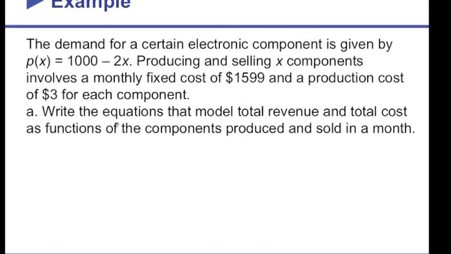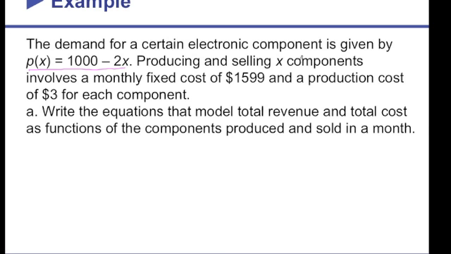Now let's actually use those operations: sum, difference, and so on. The demand for a certain electronics component is given by P of x equals 1,000 minus 2x. Now remember the demand here is the price that people will pay for it.